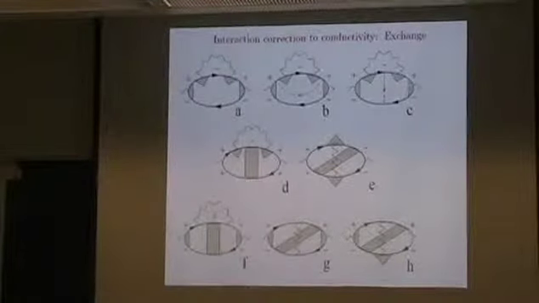Okay, so let's start from interaction corrections due to renormalization. In the first order in interaction, one can draw a number of diagrams. What is shown here is a conductivity bubble with one interaction line inserted, and it is then dressed in all possible ways by ladders, by diffusion ladders.